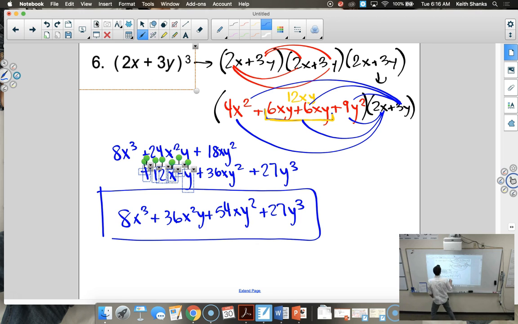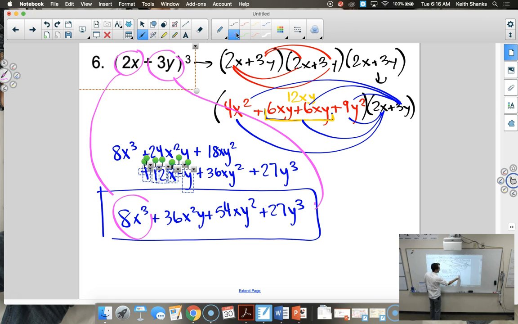But the first term here is literally this thing cubed. So all you're doing is 2 to the third power is 8, x to the third power is x to the third. And same thing here. 3 to the third power is 27. y to the third power is y to the third. And so you're getting those ends, all right?